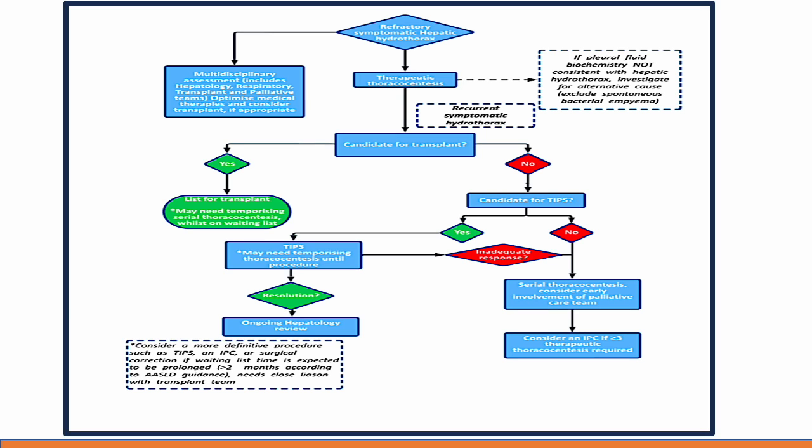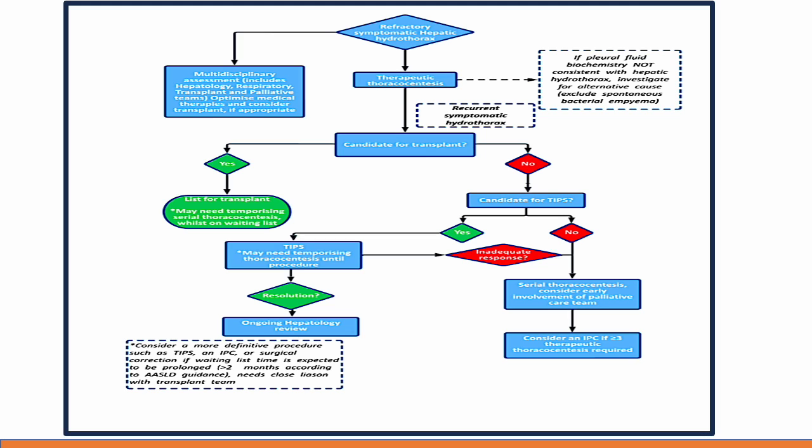So this is the decision tree for a patient with hepatic hydrothorax. Symptomatic patient, you do a multidisciplinary assessment, you look at other causes, you try to optimize the medical therapy to its best. Then you go for a therapeutic thoracentesis, right?